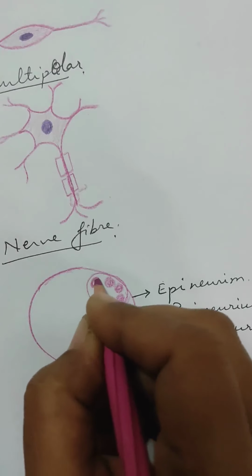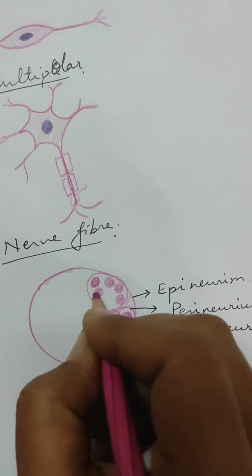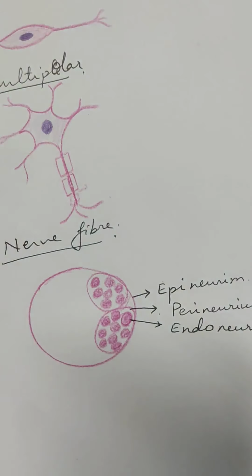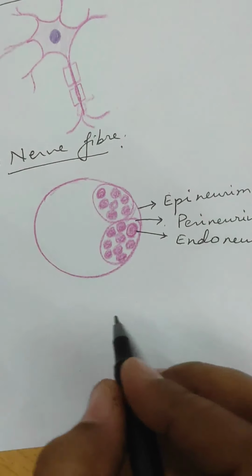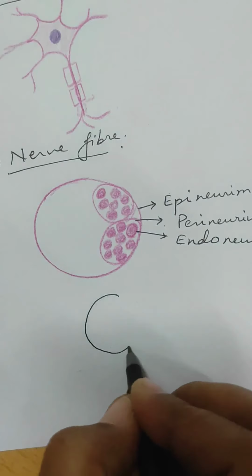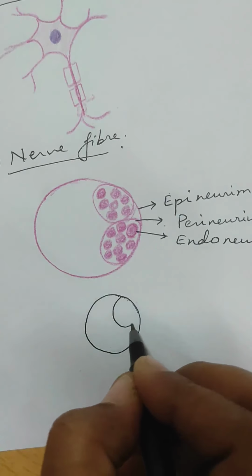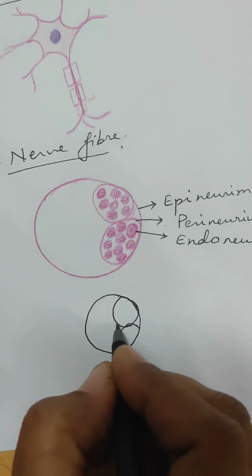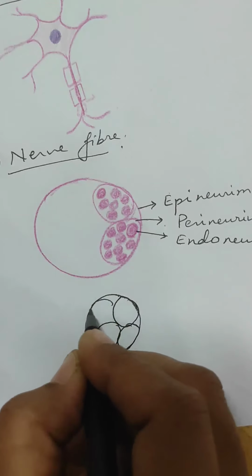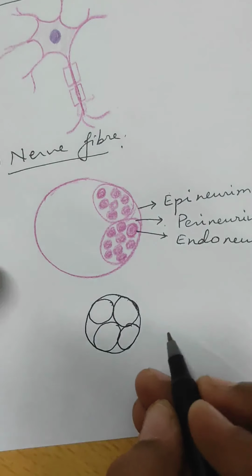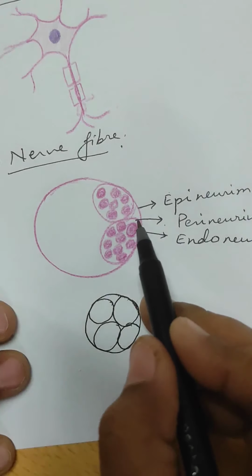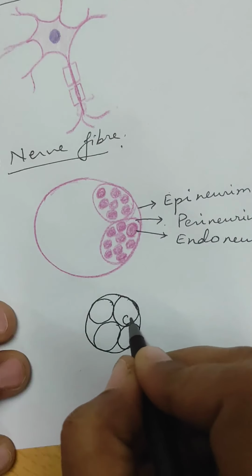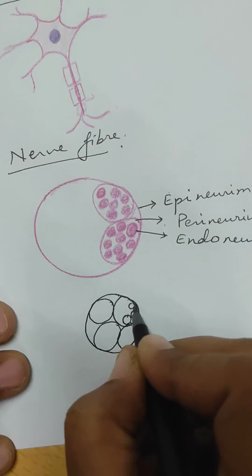They need a special stain, and when you see the slide under special stain, it will be somewhat blackish in color, and it is going to appear something like this: this is the epineurium. Epineurium contains bundles of axons which are covered by perineurium like this. It takes a black stain, and within the perineurium lies bundles of axons which do not take up that stain, and only the endoneurium takes the stain.